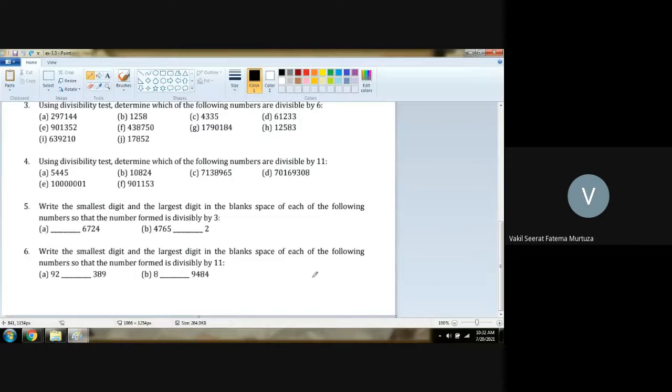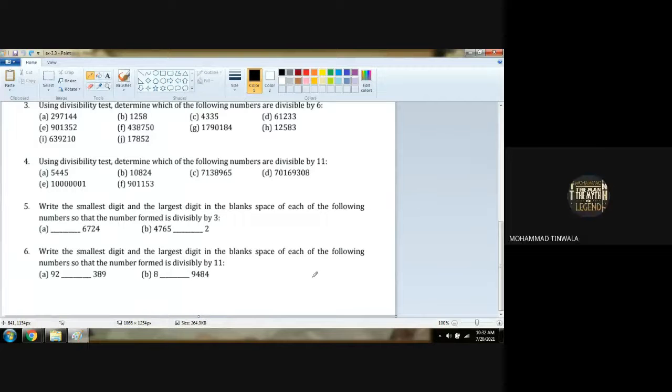Question number 6. Write the smallest digit and the largest digit in the blank space of each of the following numbers so that the number formed is divisible by 11.